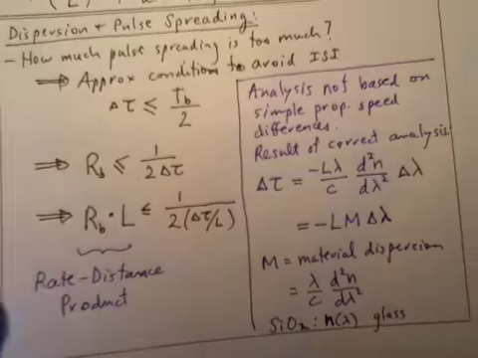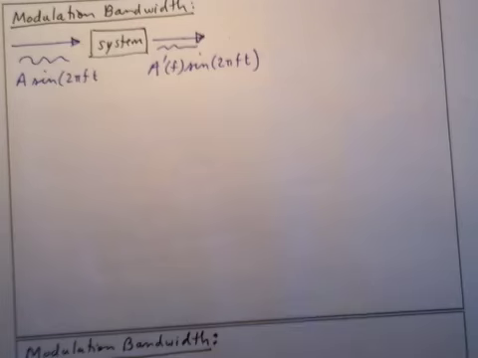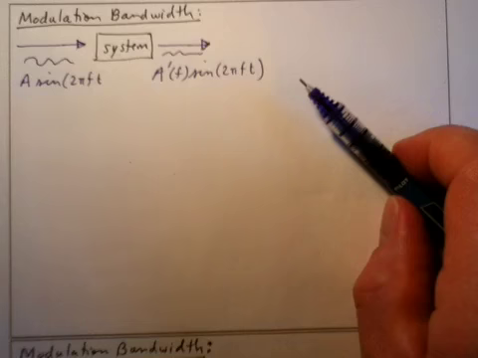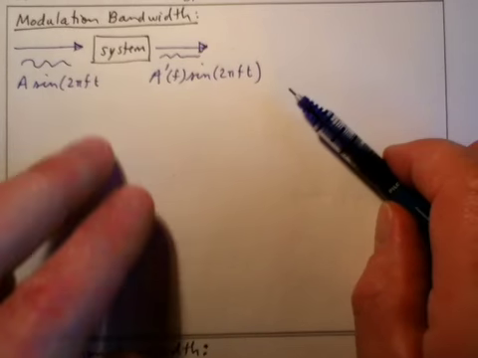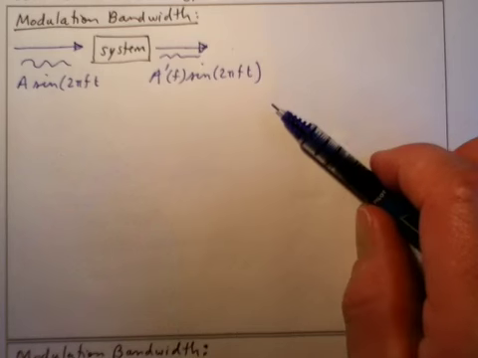Another way of looking at this, another way of asking this question is, instead of asking what is the maximum bit rate we can transmit with the system, think in terms of frequencies. Think more fundamentally in terms of the frequencies as the input to the system and what happens to them on the output.